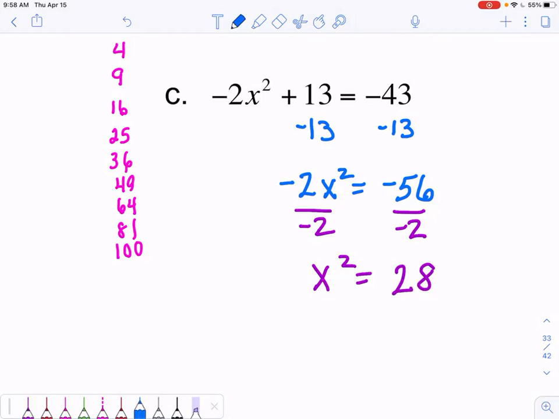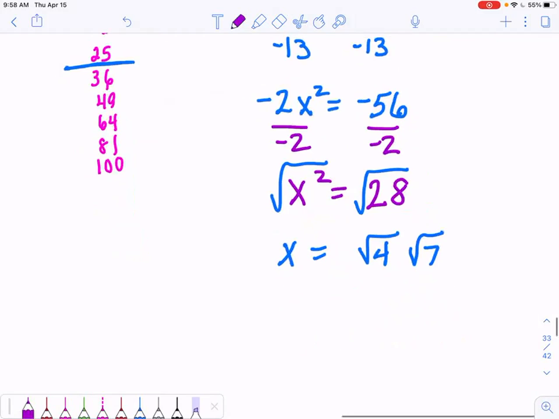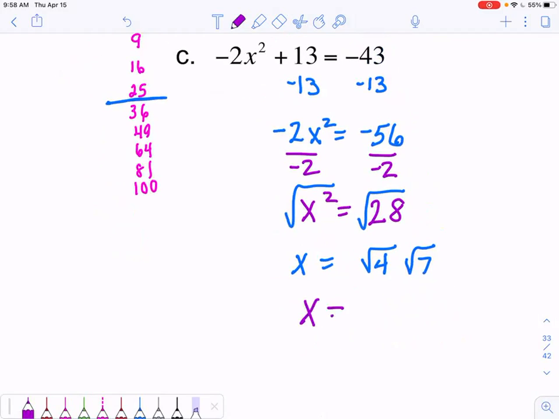All right, now take the square root of both sides. We got x squared by itself. Here's 28 in between 25 and 36. We need one of those numbers to divide into 28. Bill, what goes into 28? 4 and 7. So what does your answer become then, Bill? Excellent. So plus minus 2 square root 7. Questions?